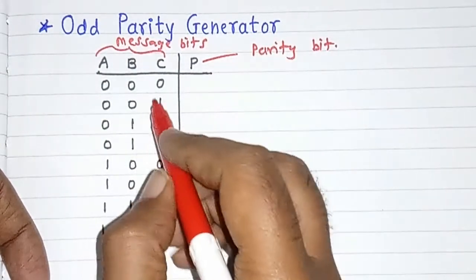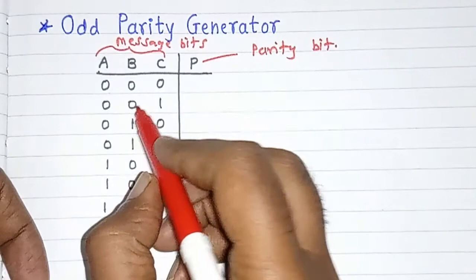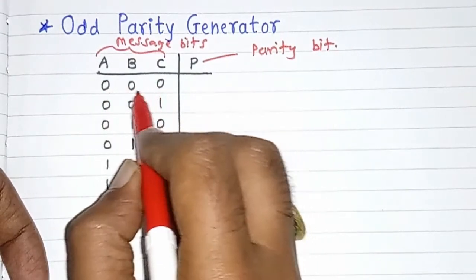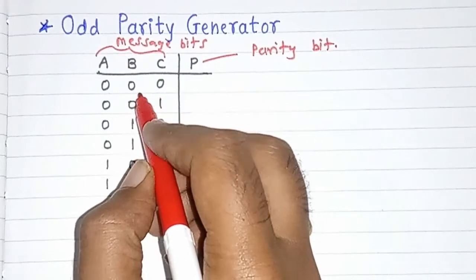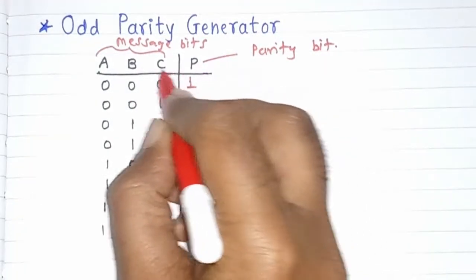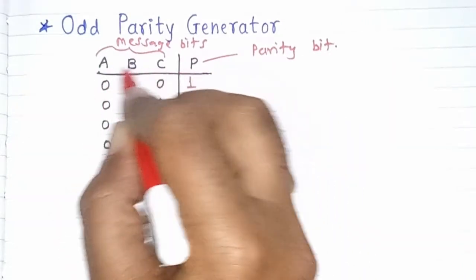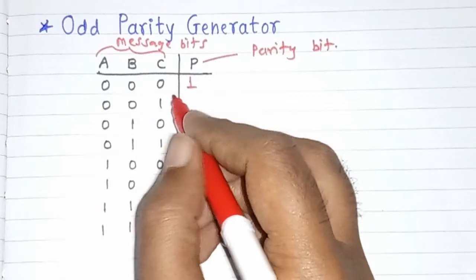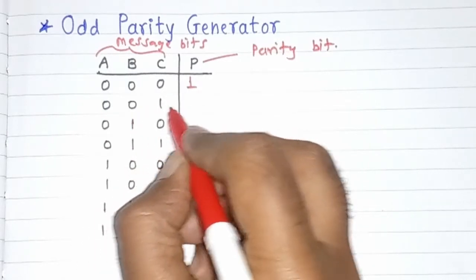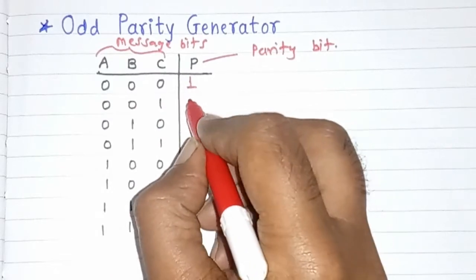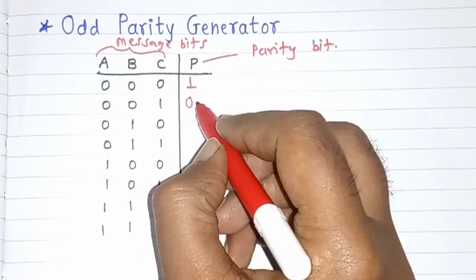Let us start with the first combination. 0 0 0: the number of ones is even, so the P bit should be 1 to make an odd number of ones in these 4 bits. Then in the second combination the number of ones is odd, so it is already odd parity, no need to add 1, so it should be 0.